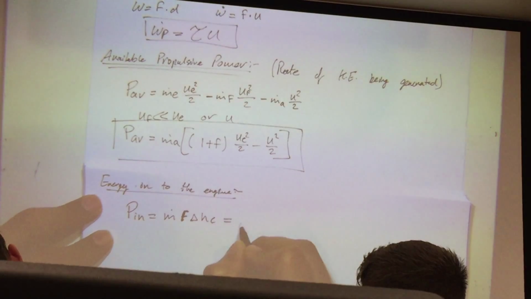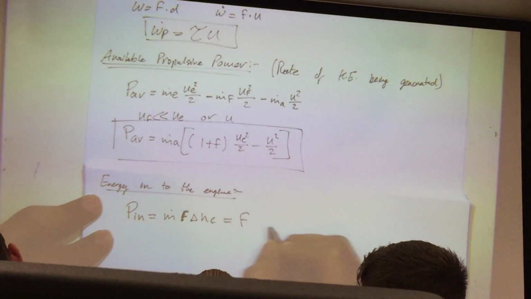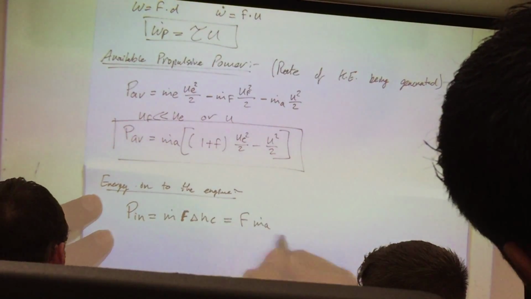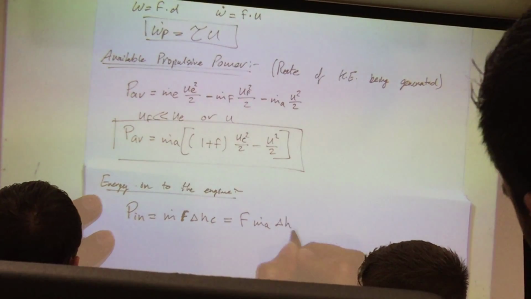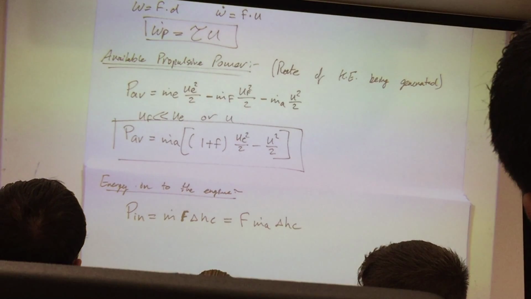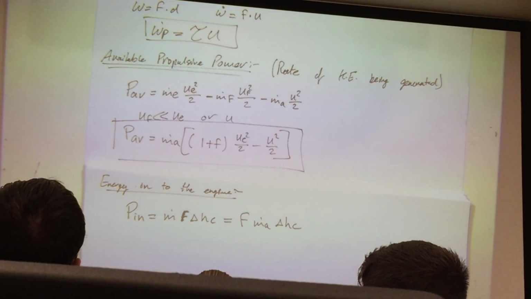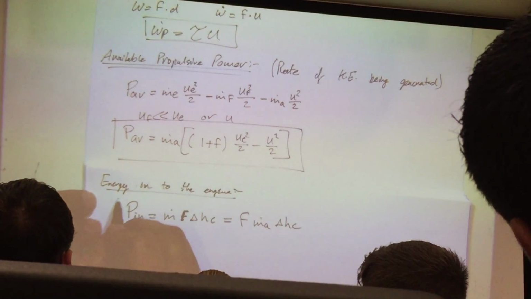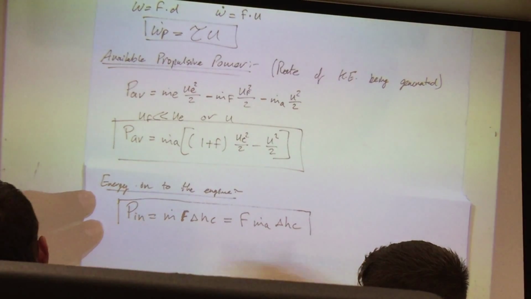So the fuel to air ratio multiplied by the free stream mass flow multiplied by heat of combustion. We recognize this equation because it was a problem before. But that's the P energy that I'm putting in, the P input.